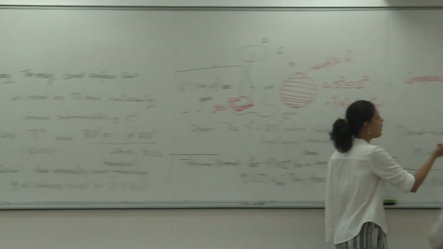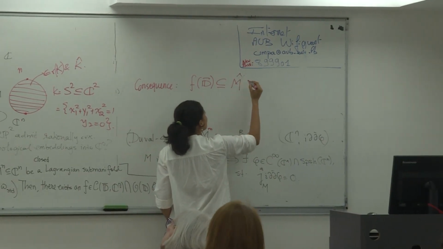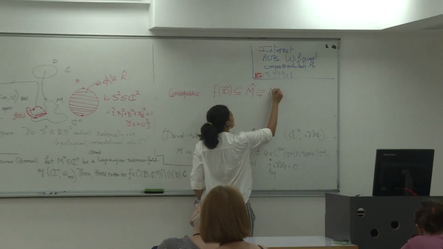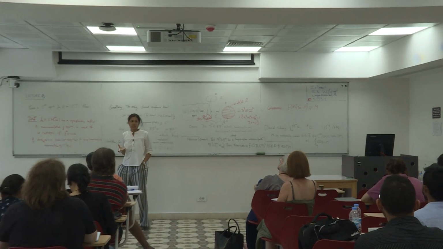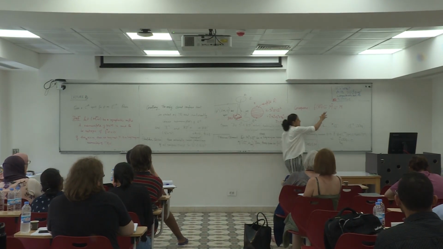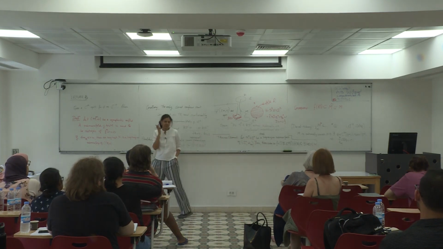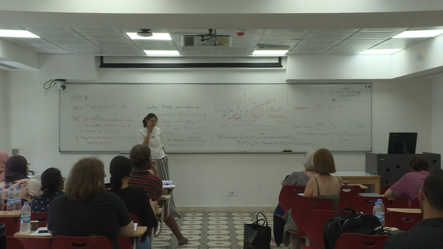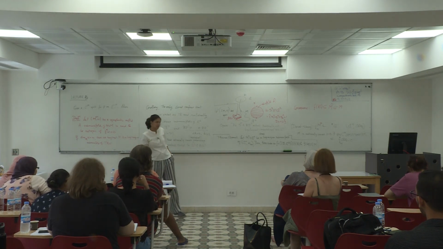Why is this entire disk not sitting inside M itself? I mean, okay, fine, it's in the hull, but why don't I have this disk actually sitting inside M? Remember that M was a Lagrangian submanifold. In particular, it's totally real. It's not going to contain anything holomorphic inside it, okay?